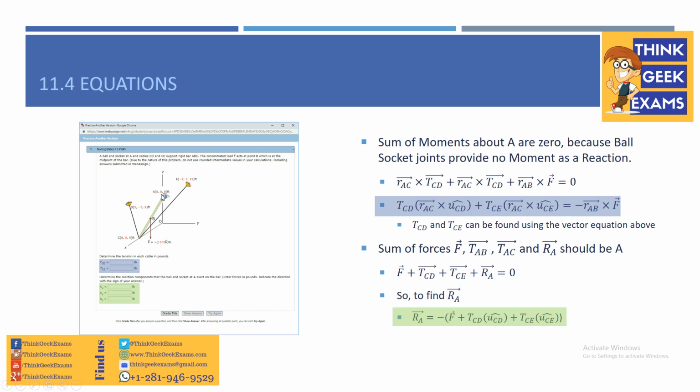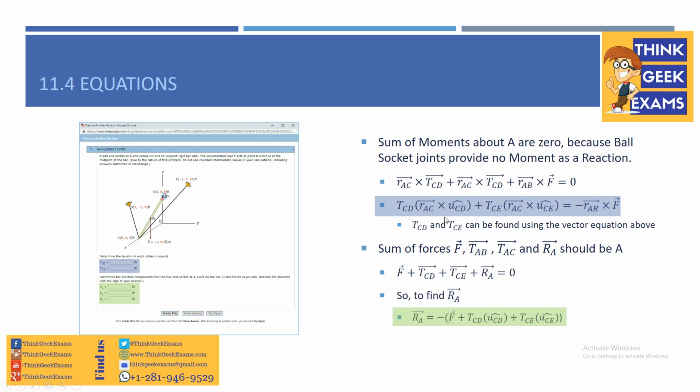That one we get by RAC again, crossed with the tension on CE. That's the second term. And then finally we have the moment for the force F. It's acting at a distance of RAB and crossed with the force vector F. We should get the third term. And if we add all three, they should equate to 0.